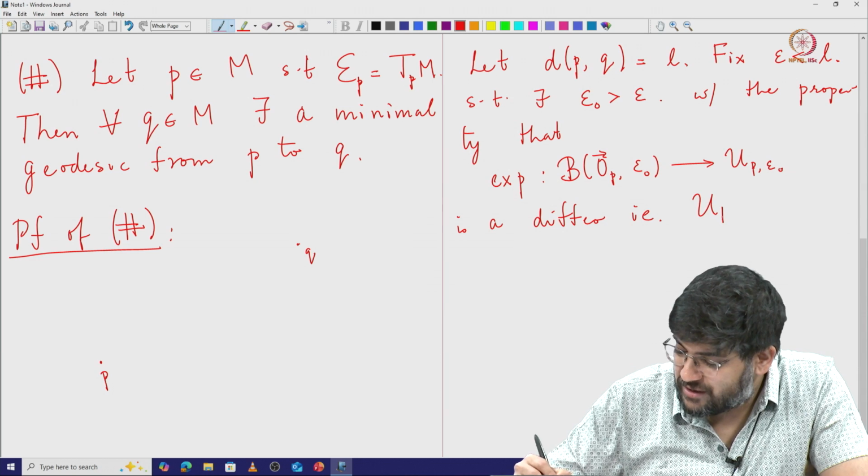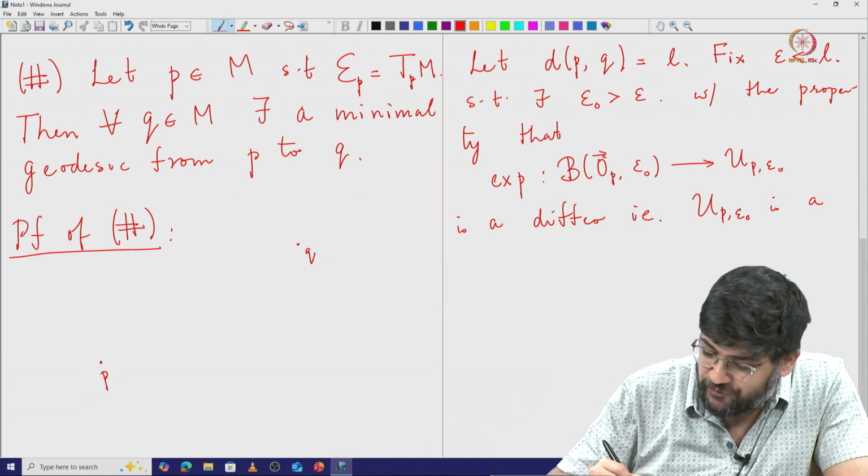Or in other words, you look at this as a geodesic ball of radius epsilon naught.